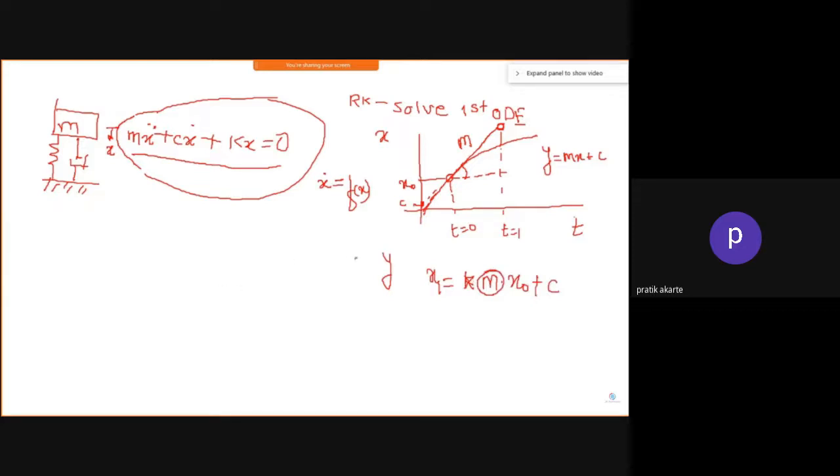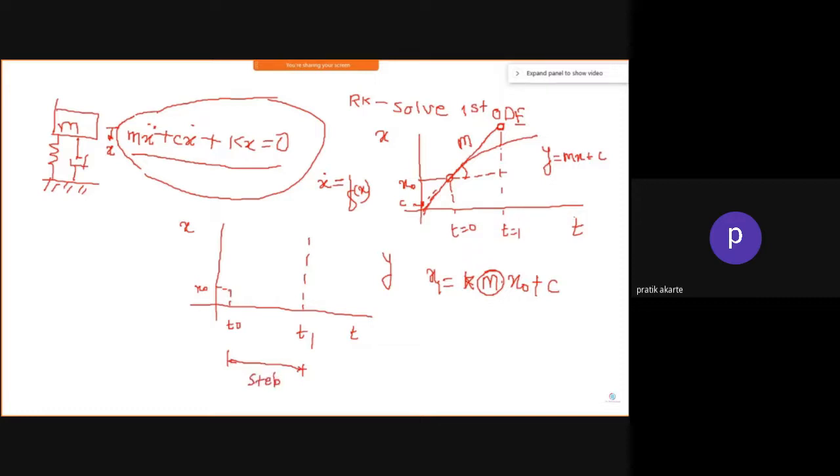In the RK method, if I look at the typical graph, this is my first point, t0 and x. And somewhere I want to determine a t1. This is nothing but a domain, within which I want to determine the step size.